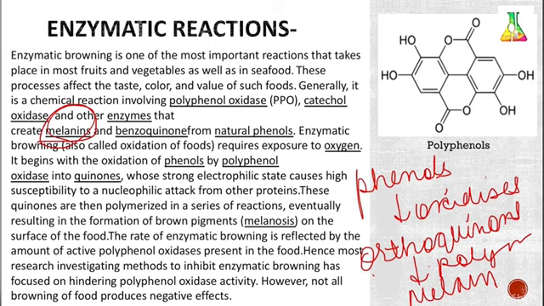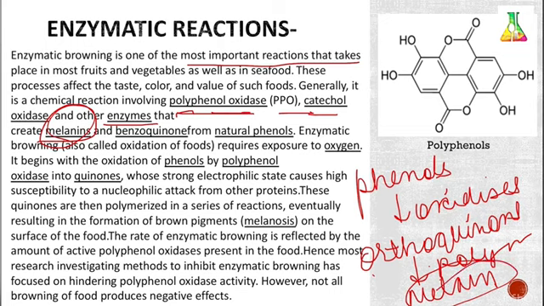Let us read what is written here. Enzymatic browning is one of the most important reactions that take place. Generally it involves chemical reactions with polyphenol oxidase, catechol oxidase, and other enzymes. As I have told you, polyphenol oxidase is also known as catecholase and tyrosinase, and these create melanin and benzoquinone from natural phenols.